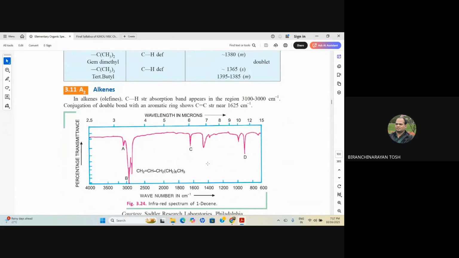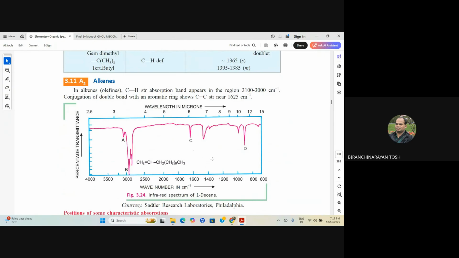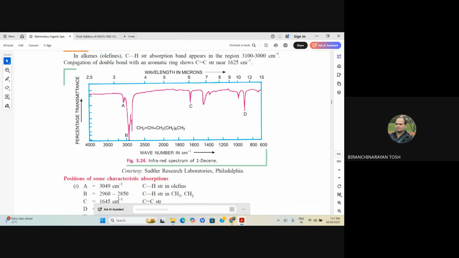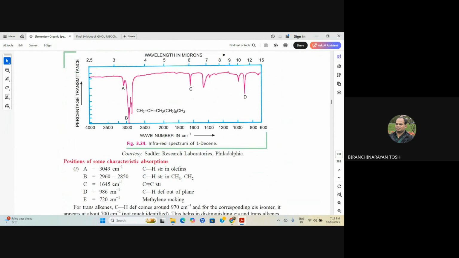Okay, in the case of alkene, you have a double bond. For the double bond, you will get 1645 for the carbon-carbon double bond stretching vibration. Others will remain almost the same. 2960 again is the CH stretching of methyl and methylene at a time, and 3049 is for CH stretching in olefin, the hydrogen attached around the carbon-carbon double bond.